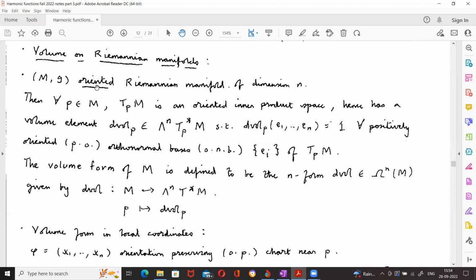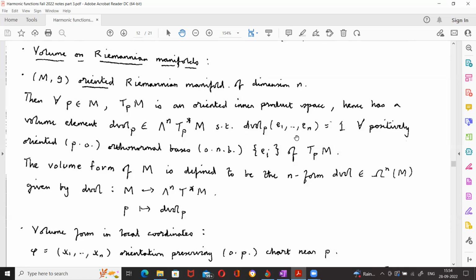and the volume form. Suppose M is an oriented Riemannian manifold of dimension n. Then for any point P, the tangent space TPM is an oriented inner product space, and therefore it has a volume element, dvol P, which is an n-form on the tangent space, such that it takes the value 1 on any positively oriented orthonormal basis e_i of TPM.